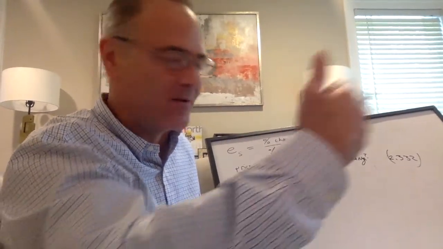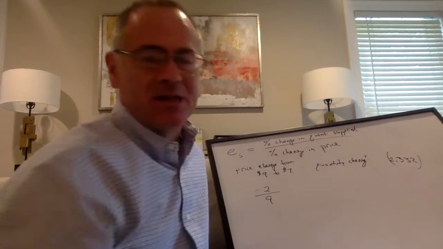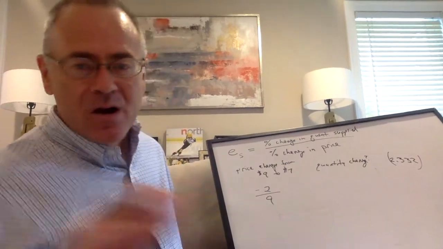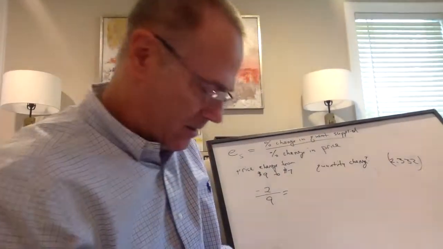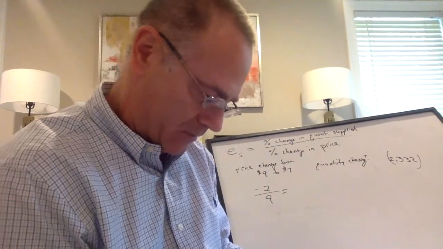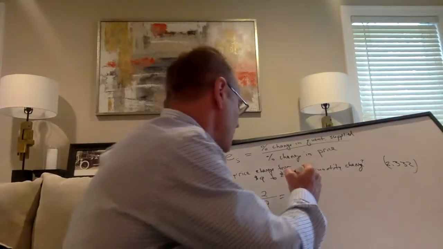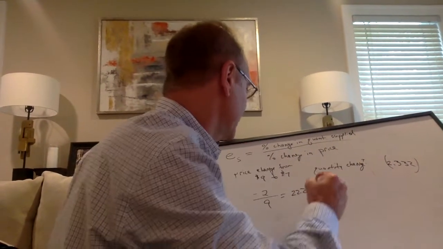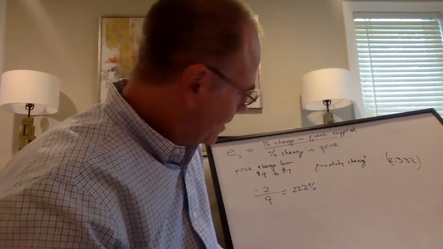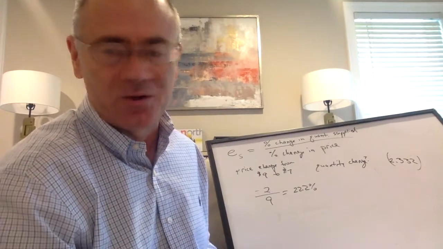Now our base price is 9, so I'm going to use that. So -2 divided by 9 equals, I get 22.2%.